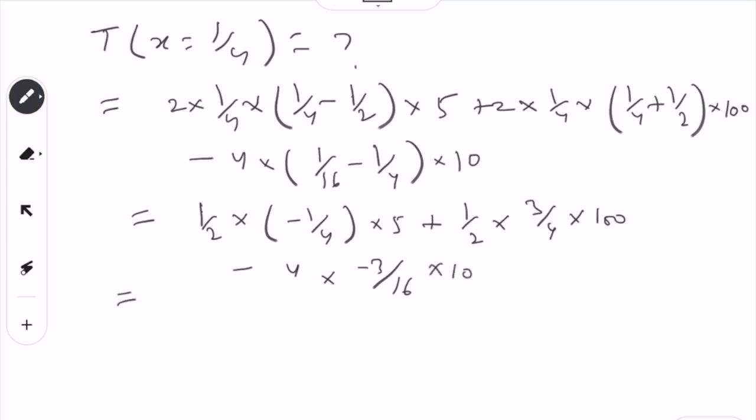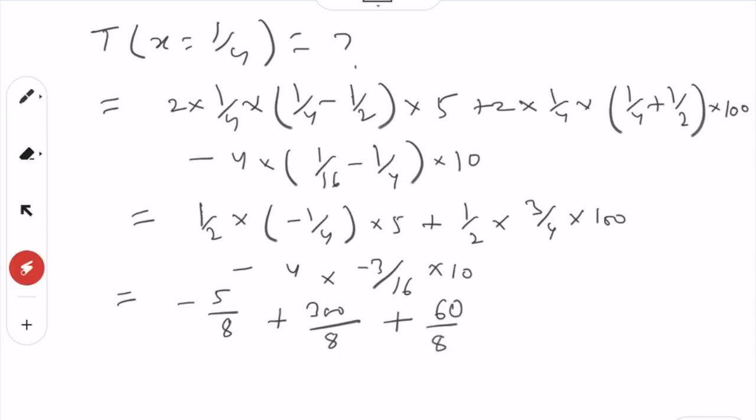Which is equal to minus 5 over 8, plus 300 divided by 8, plus 12/16, so 60/8 rather.